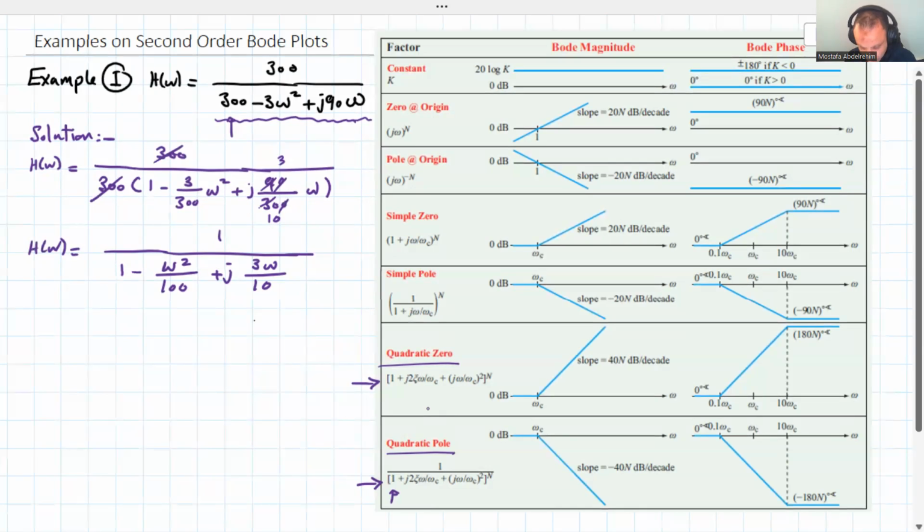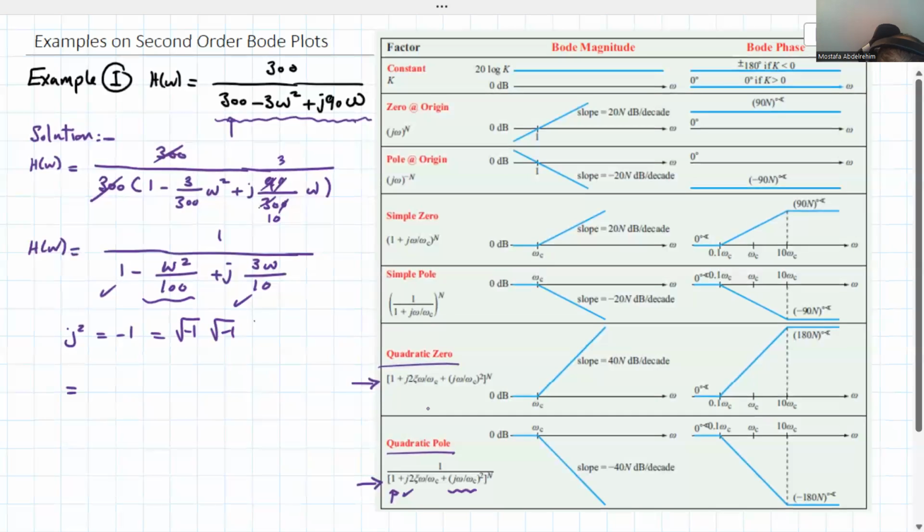Still we need another trick so that it looks like the standard form. We have the 1, that's good. We have this term, that's also good. But we don't have this one. Look at this: it is omega square over 100, and there is no j. If you want to introduce j, remember that j square equals minus 1, because j is the square root of minus 1, so the square root of minus 1 multiplied by itself gives minus 1.